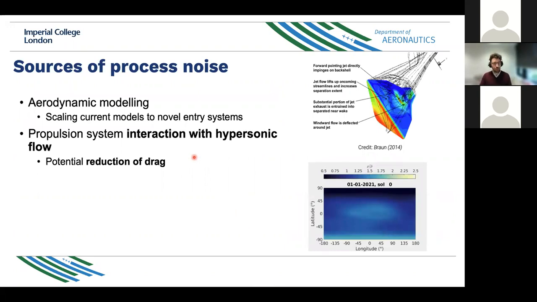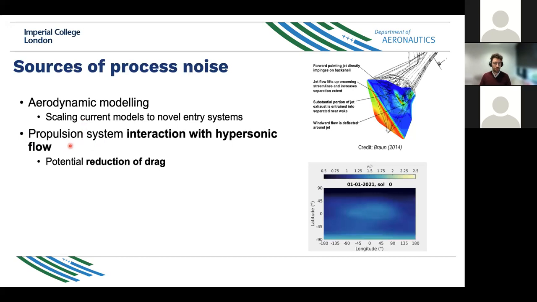Delving a little bit more in depth into the actual sources of the noise. We said there is uncertainty on the modeling of the aerodynamic interactions of the vehicle with the atmosphere, especially if we want to scale. We have experimental data for current entry systems, but if we want to scale these to very large entry systems, like for instance SpaceX's Starship, that's difficult to do without much experimental data.